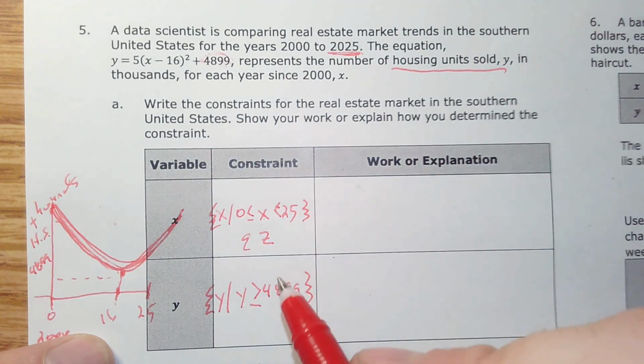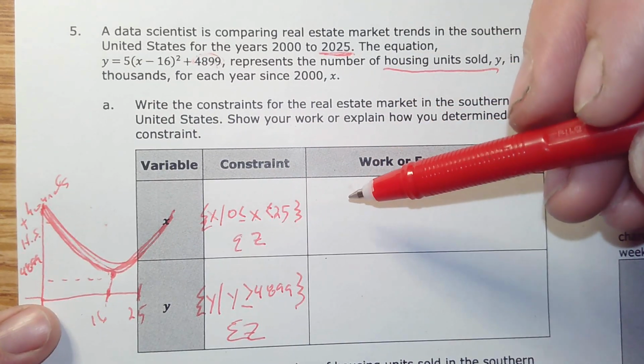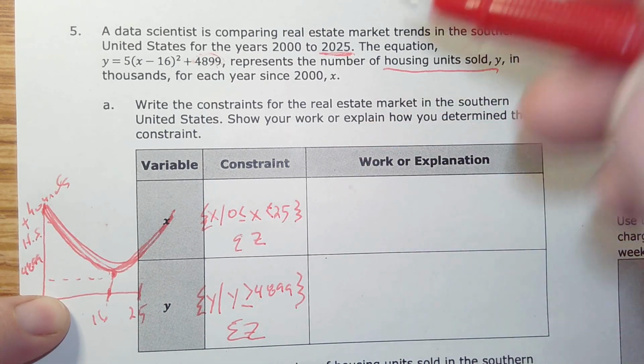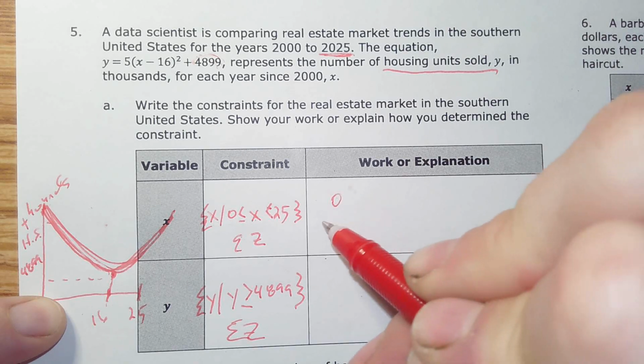All right, and this can be, well, integers really, because I can't sell part of a house if you really wanted to get into that. Okay, so the explanation, I already kind of said it. My minimum years is 0, my maximum years is 25.